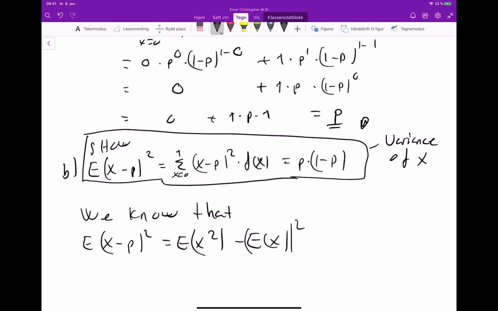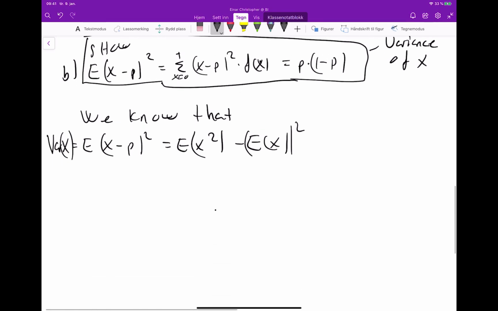And so instead of using x minus p in the power 2, I will use this other relation.